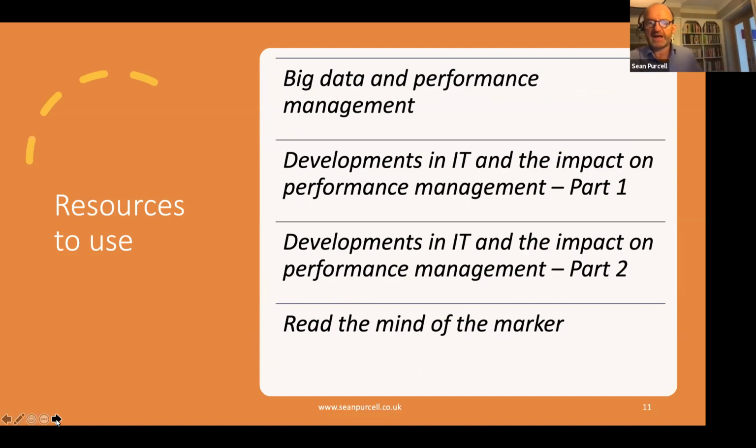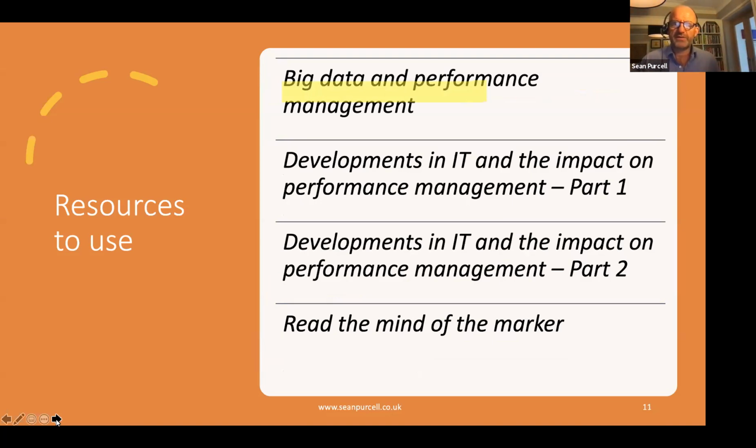Things have changed if someone's going back to 2012. Big data is more than just the 3 Vs. How does it impact on performance management? Increasingly in the workplace, technology can do much more analysis for us, which gives us a much bigger volume of information. That creates opportunity, but also problems because it's just too much.